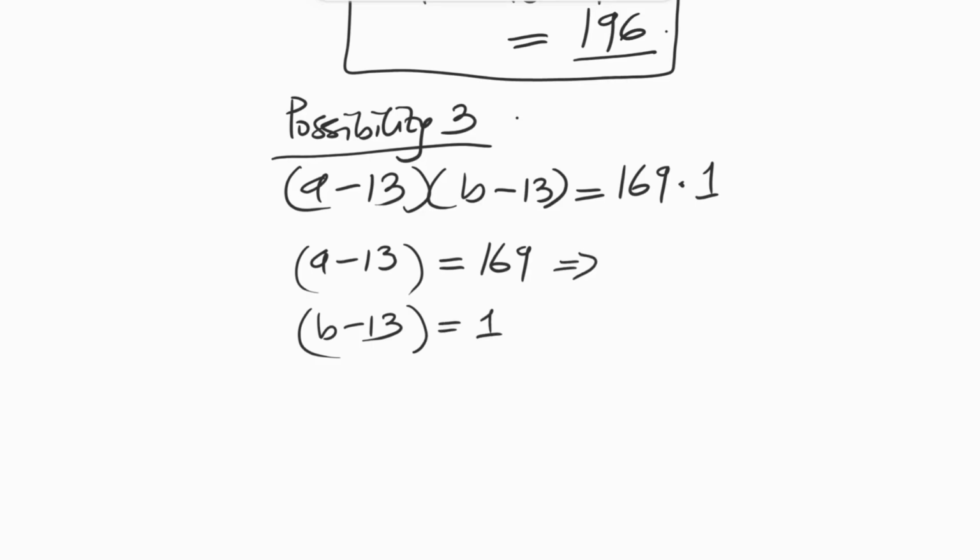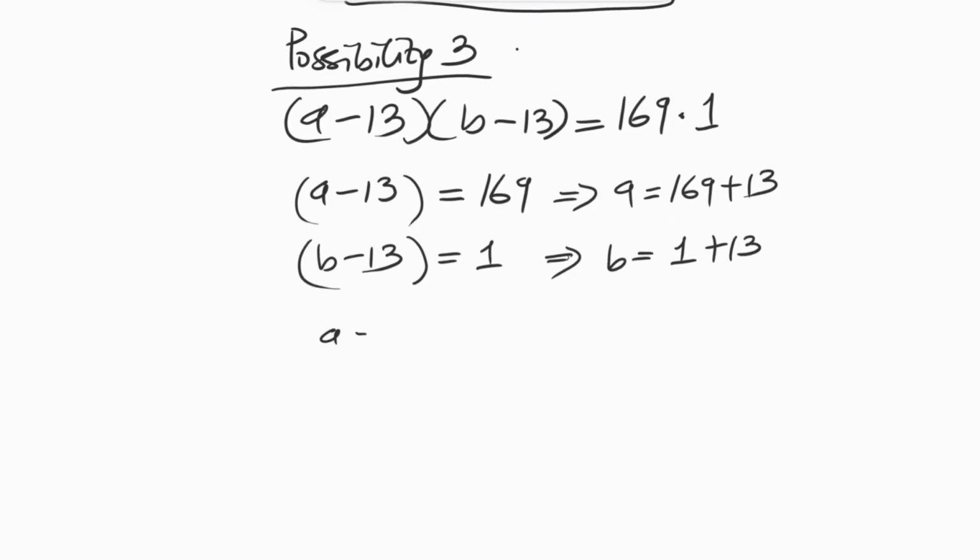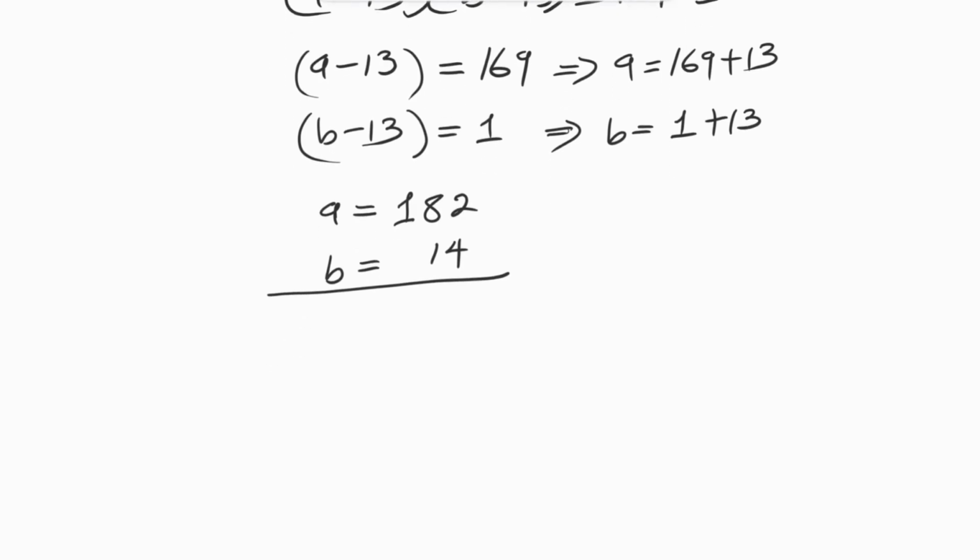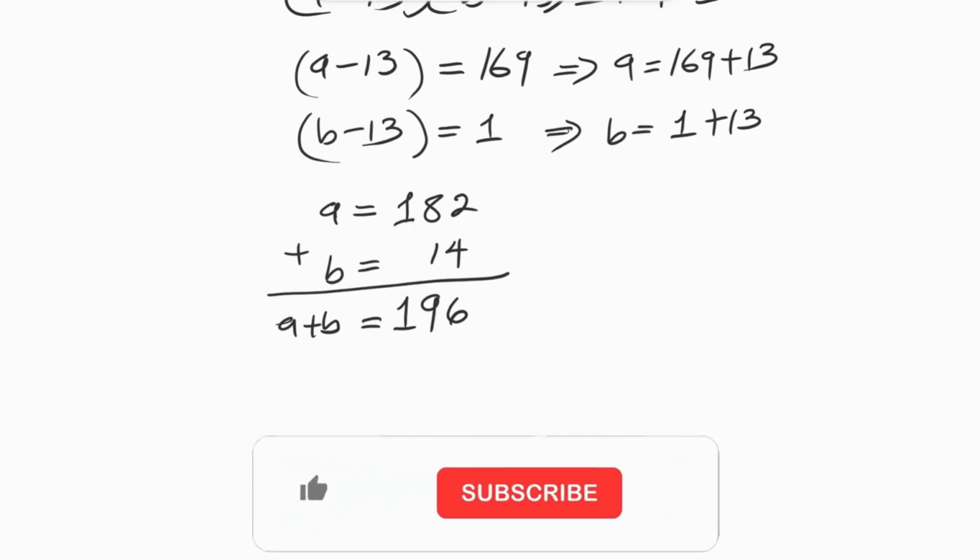So this becomes a equals 169 plus 13, and this becomes b equals 1 plus 13. So our a is equal to 182, and our b is equal to 14. Our a plus b, if we add up, becomes 196.